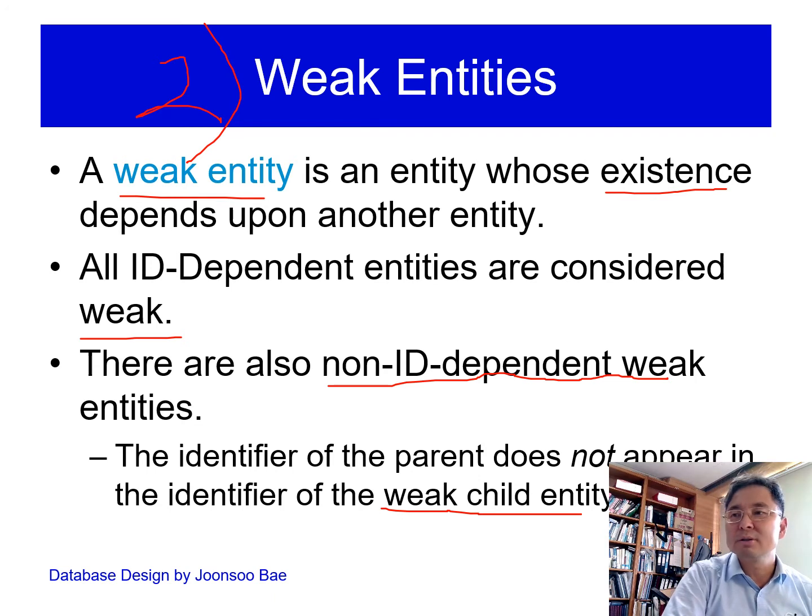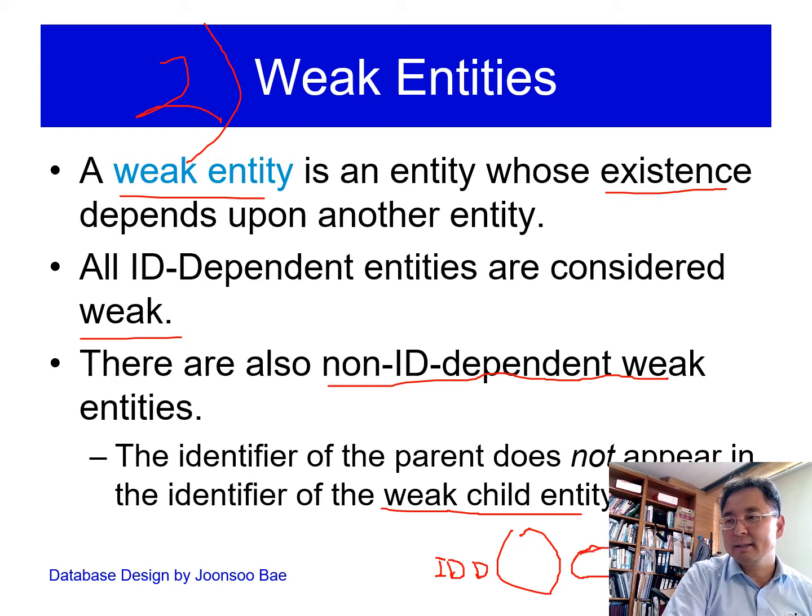So of course, if we consider a Venn diagram, this is the ID dependent entity set, and this is the weak entity set. Every ID dependent entity is a weak entity, but not every weak entity is an ID dependent entity.